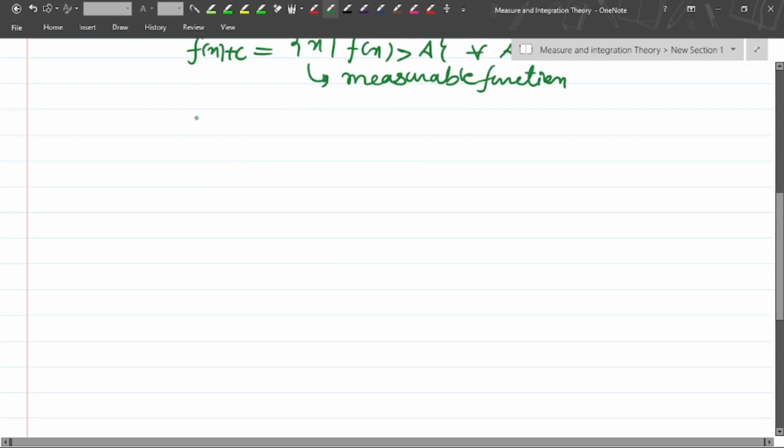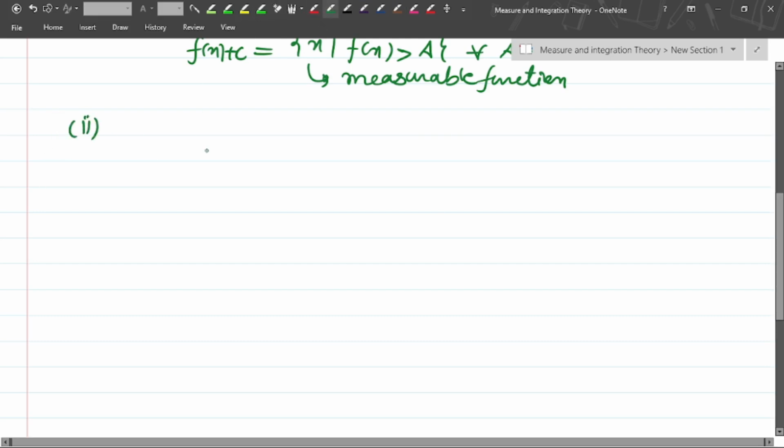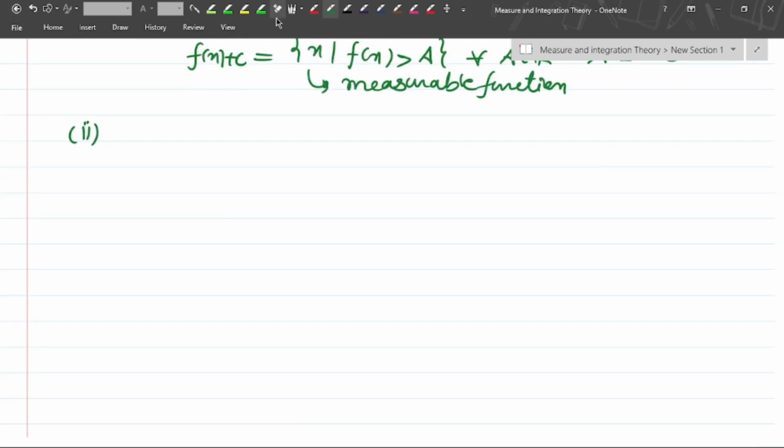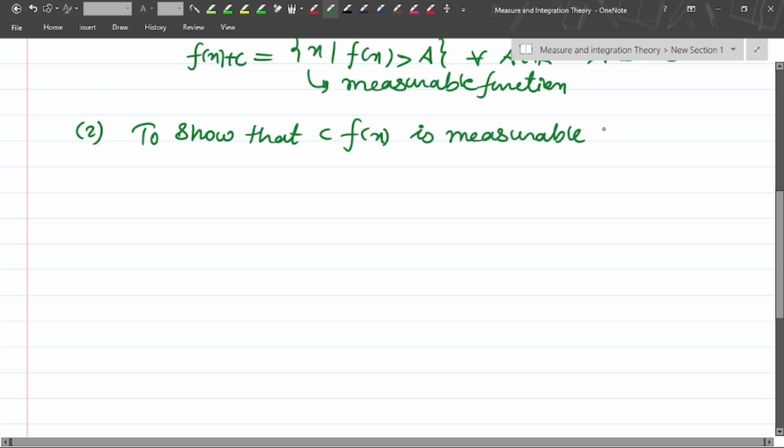Now, the second one is f into c. To show that c into f of x is a measurable function.